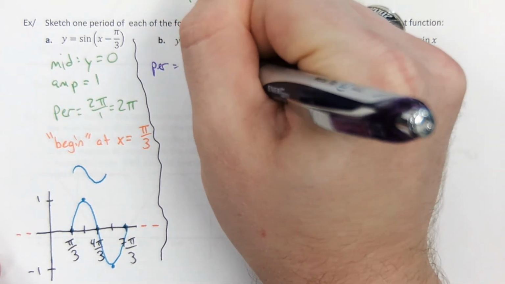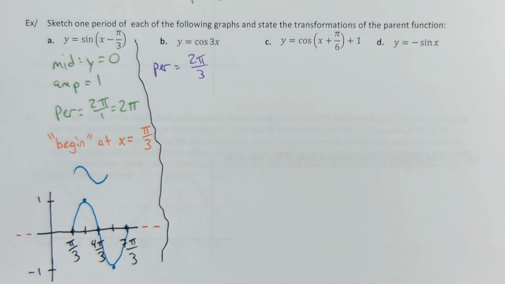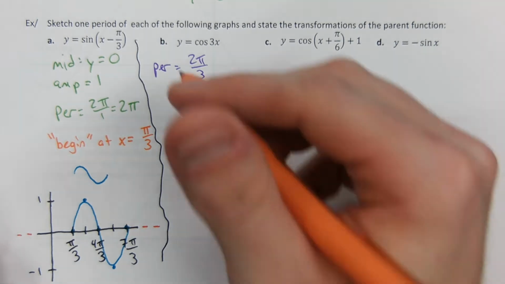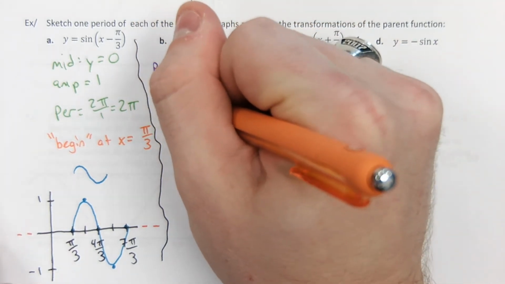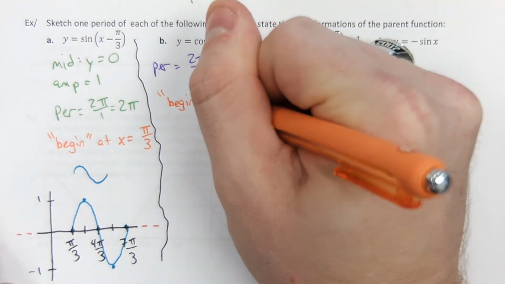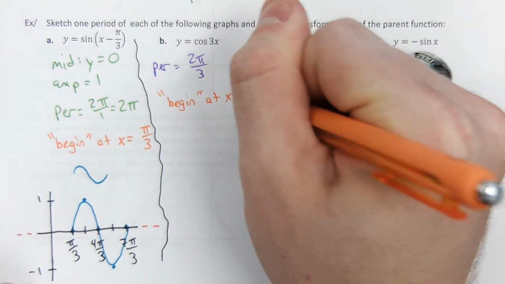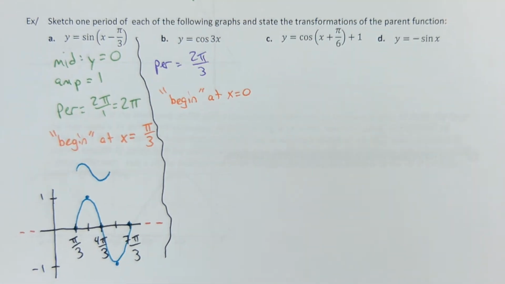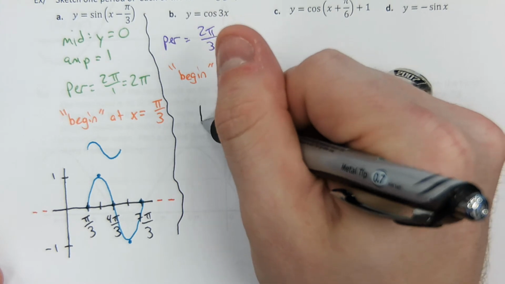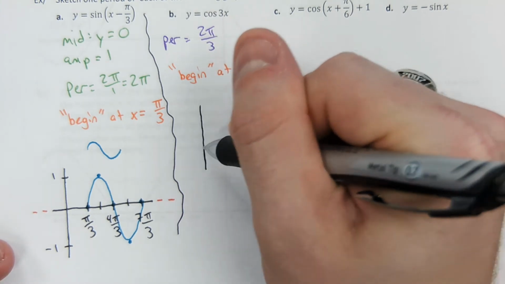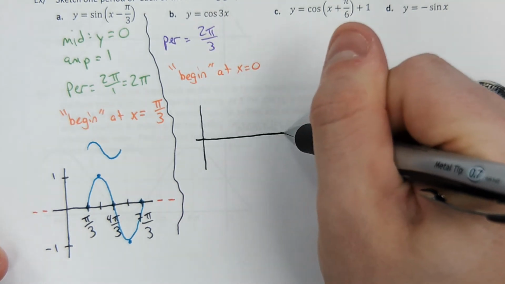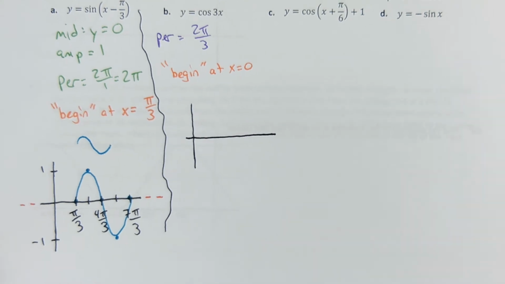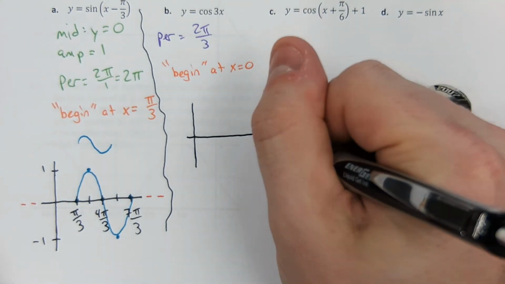So it's going to be 2 pi over 3. Our cosine wave is only going to cover 2 pi over 3 from left to right. And it begins at 0 because that's what makes the inside equal 0.